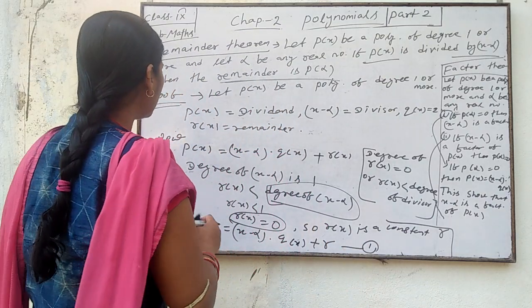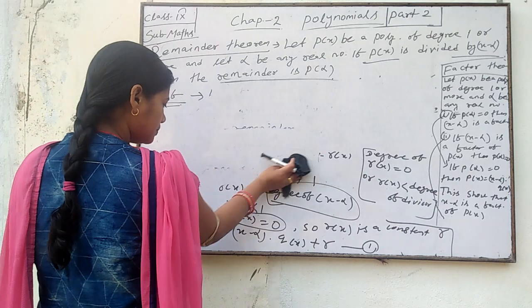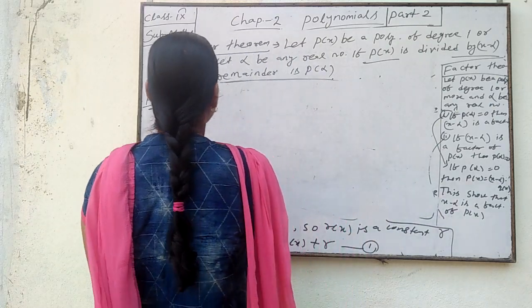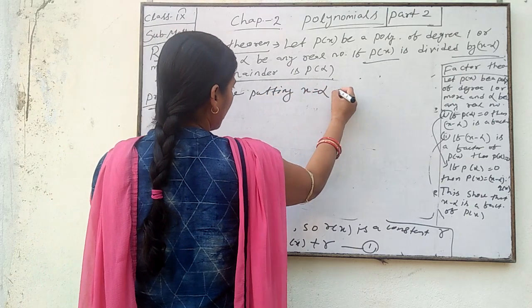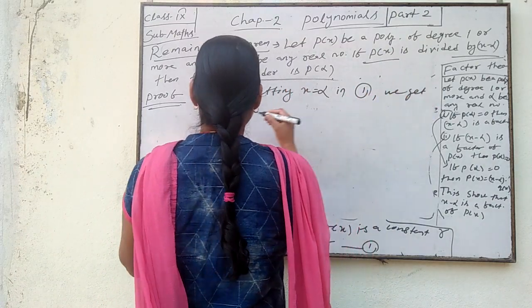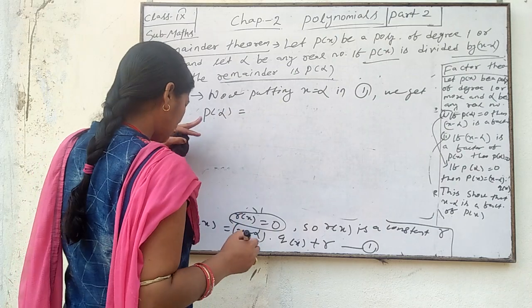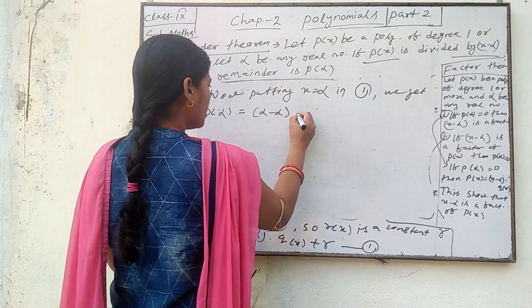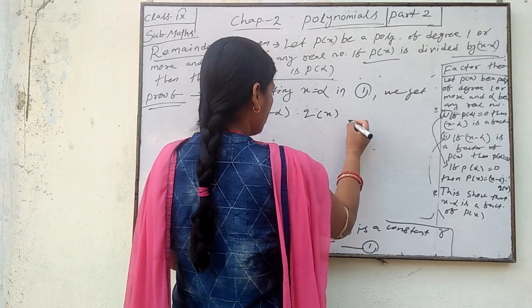Now putting x equal to alpha in equation 1, we get p of alpha is equal to alpha minus alpha into q of alpha, plus the remainder.